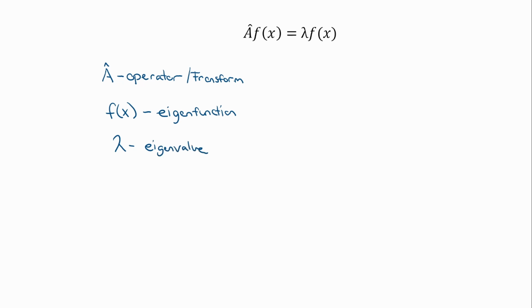All of these are very important. Operators are our transformations that we're acting upon our eigenfunction to give us our eigenvalue. Another way of wording this equation above is that our operator extracts information, and our information is that lambda value from our eigenfunction.